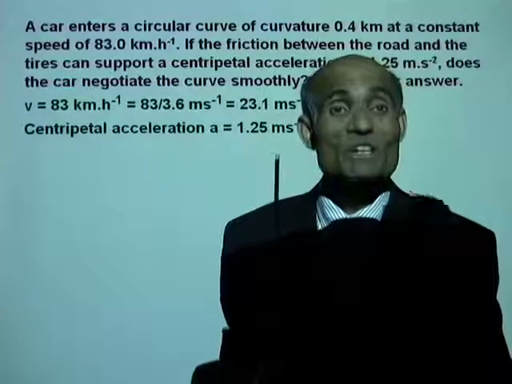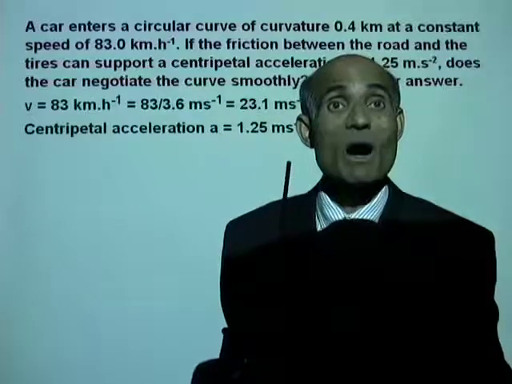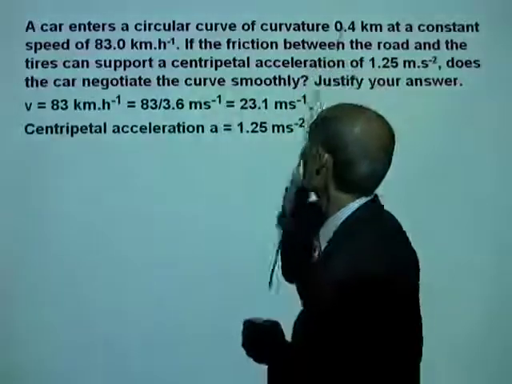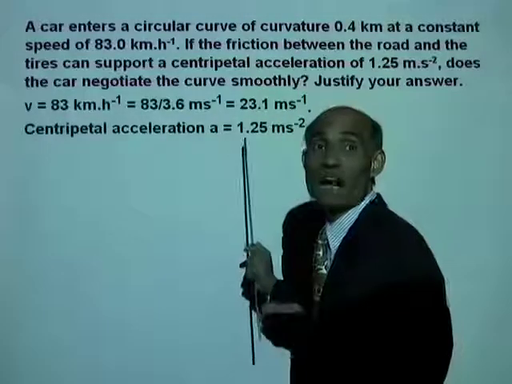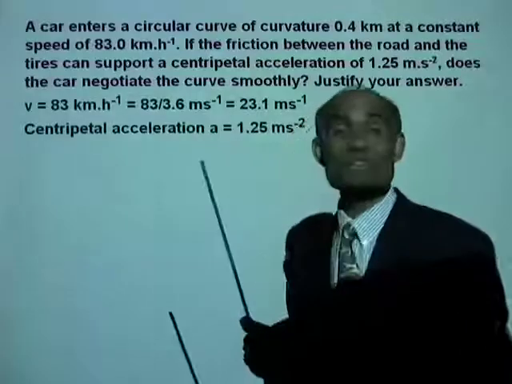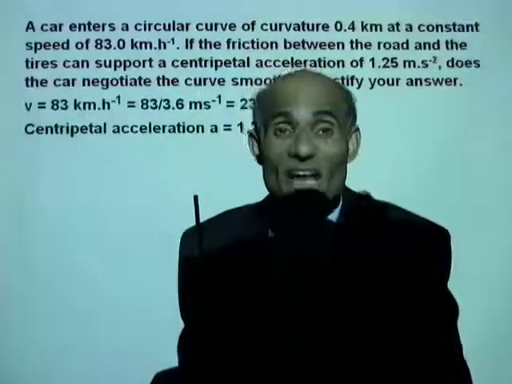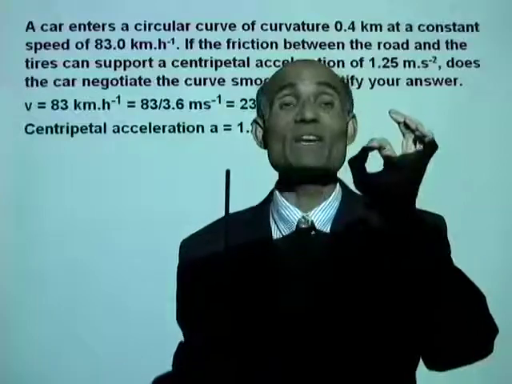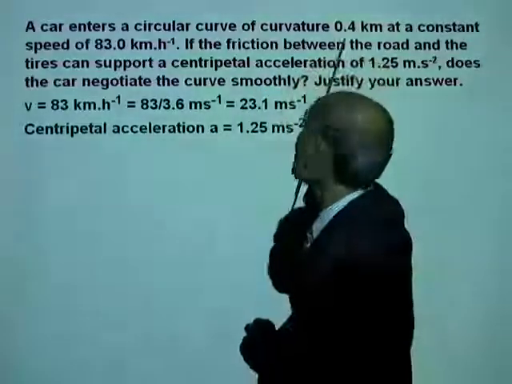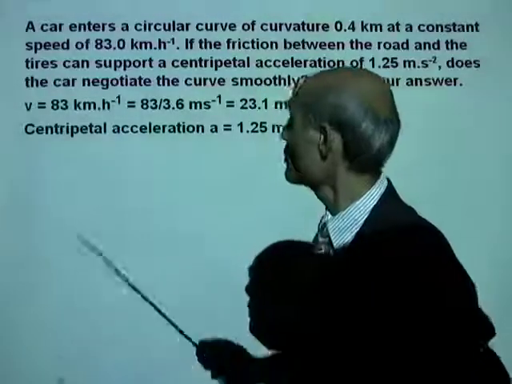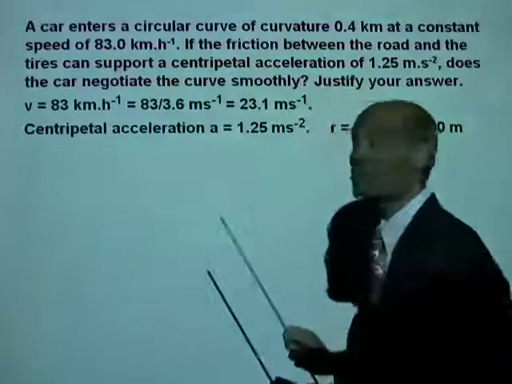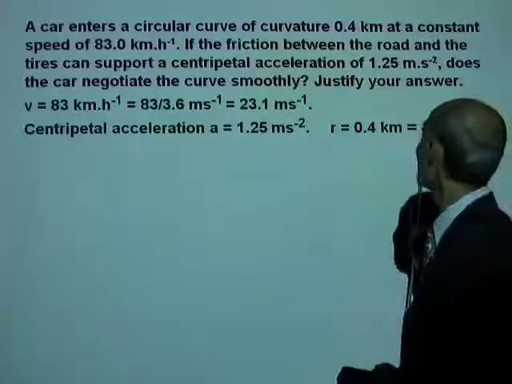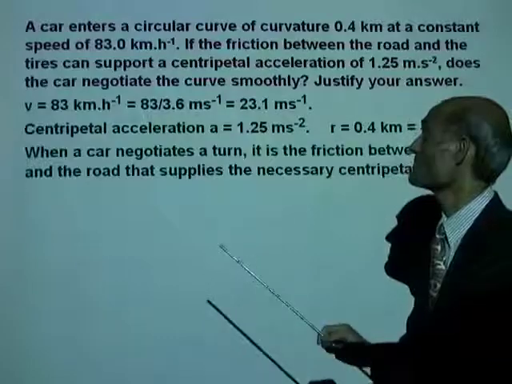Centripetal acceleration is v squared over r. We know the radius. We are given the centripetal acceleration. Therefore, we can calculate the safe speed for that radius of curvature. And that's what we're going to do. So the radius of curvature of the curve is 400 meters.